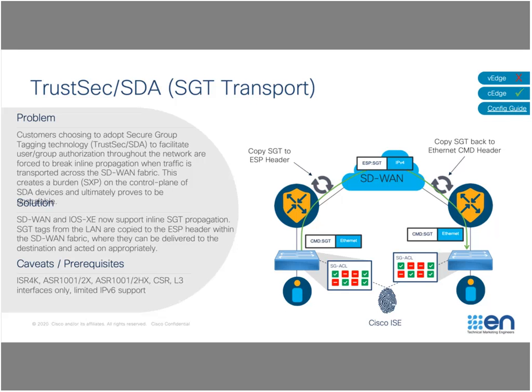We can then transport that SGT to the other side of the network. Once it hits the other SD-WAN router on the right side of your picture, that SD-WAN router will unencapsulate that traffic, pull that SGT out, put it back into the Ethernet frame, and then send it on its merry way, right? So the concept is that we can now take TrustSec and extend it end to end, from the left side of the drawing to the right side of the drawing.